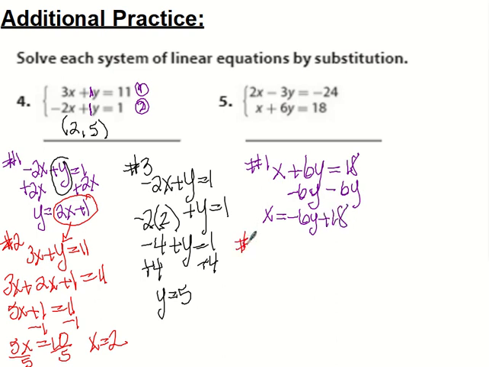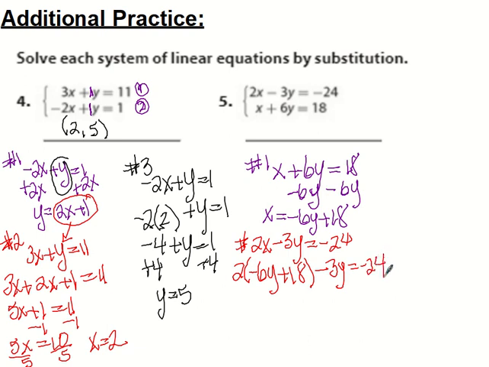So step 2, 2x minus 3y equals negative 24. So now x becomes this, so 2 parentheses, negative 6y plus 18, minus 3y equals negative 24. Distribute: negative 12y plus, not 18, 36.